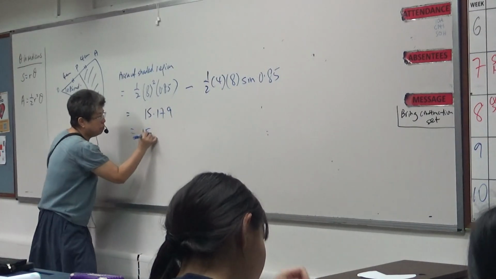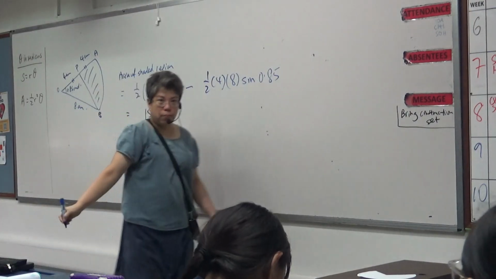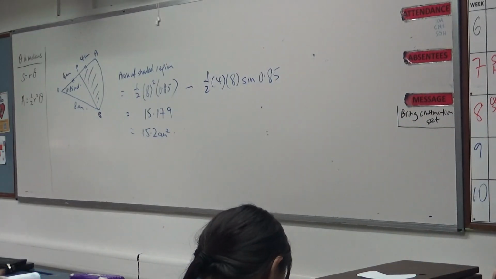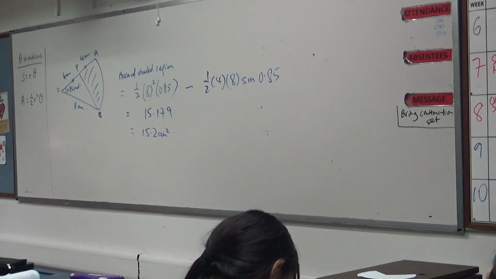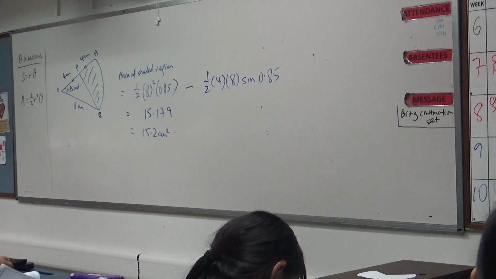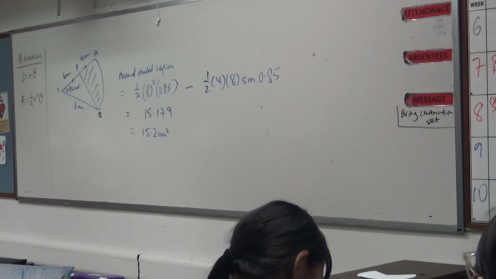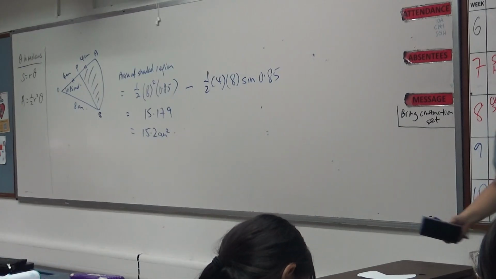So the answer will be 15.2 cm squared. Are we clear? Everybody okay so far? Can or cannot? Can, huh? Okay. Then I'm going on to the last example, and that is example 14.